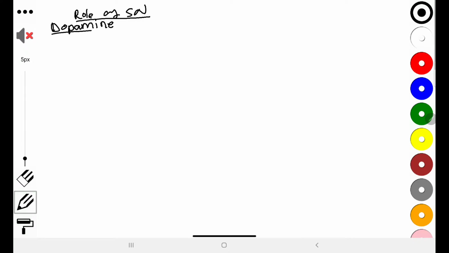Dopamine is something that we're going to talk about a lot in this component. Dopamine is a neurotransmitter, and this neurotransmitter is released by the neurons of the pars compacta. So it's from the pars compacta component.